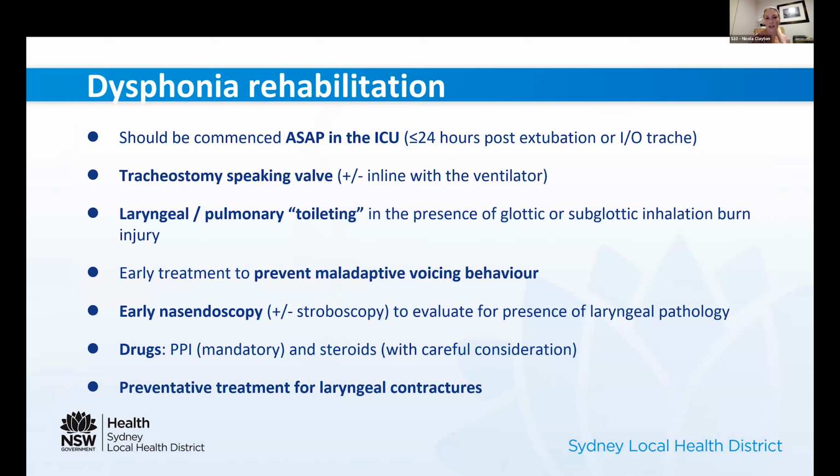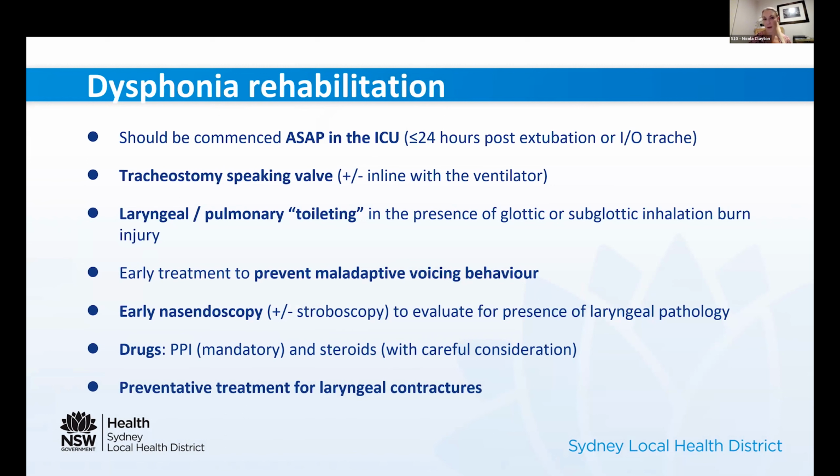So again, similar to swallowing management, we try to commence our voice rehabilitation as soon as possible in the intensive care environment. If the patient is tracheostomized, we apply a speaking valve, whether it's in line with the ventilator or not. We employ regular laryngeal and pulmonary toileting to try to assist in the debridement and clearance of that non-viable tissue.